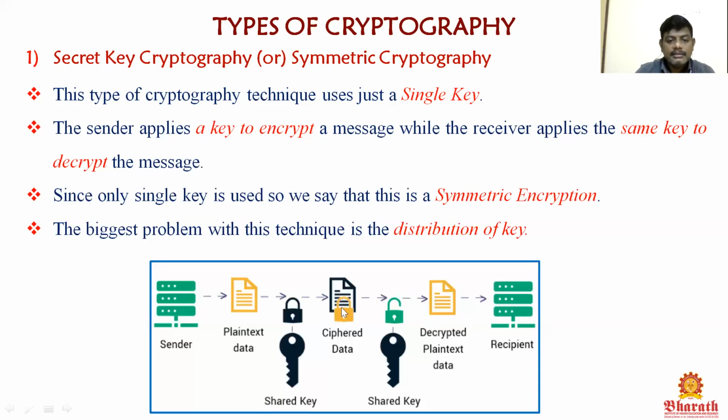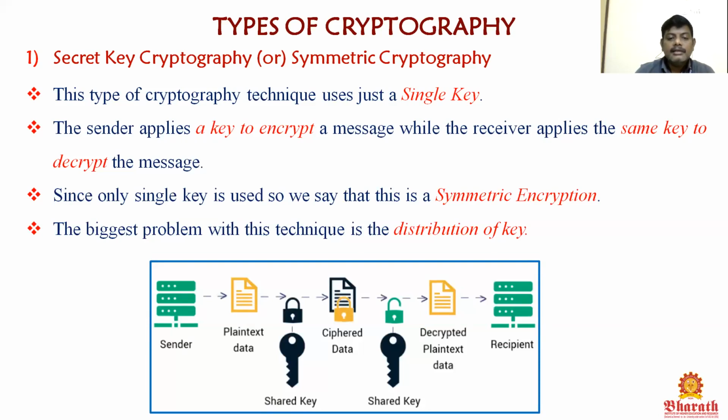You can see this diagram. This is the sender side, and this one is the receiver side. This is the plain text. With the help of the secret shared key, we can encrypt the plain text. Once the plain text is encrypted, that document is named cipher text.